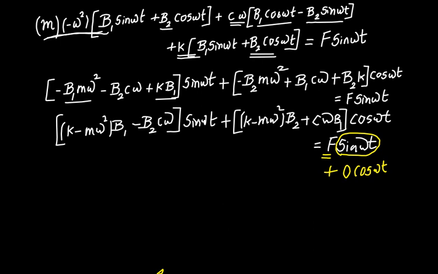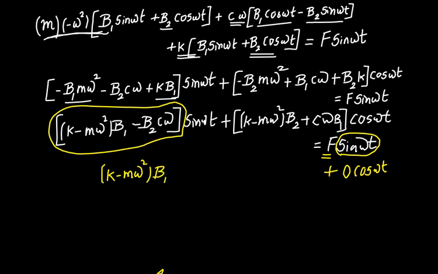The coefficient of sine omega t on the left hand side is these terms. I can equate them. So I'll be getting k minus m into omega square into B1 minus B2 into C into omega is equal to F. So that can be my first equation. I'm just comparing the coefficient of the sine terms on the left side and the right side.